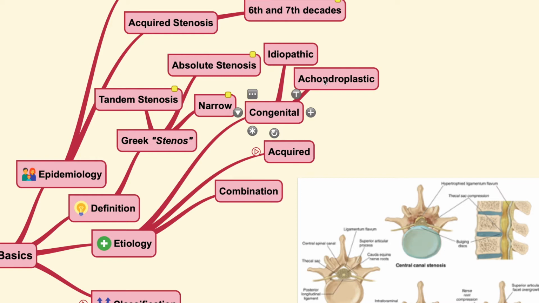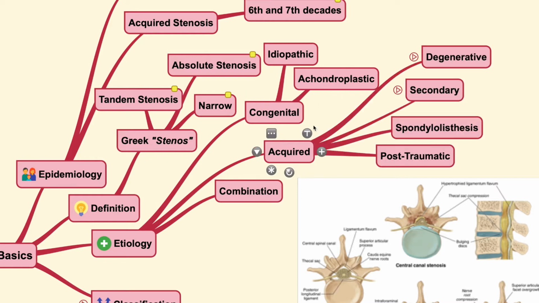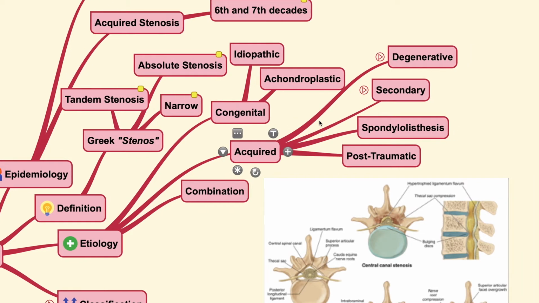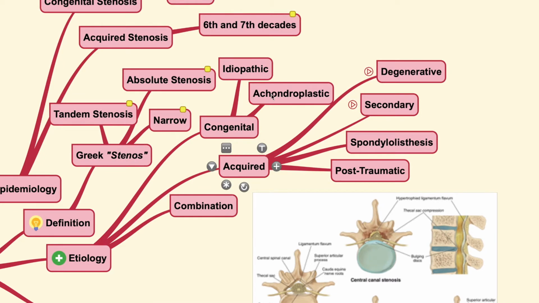We could see that in achondroplasia, there is a growth disturbance of the whole body, and generally the shortening of the vertebrae itself would lead to a narrowing of the spinal canal. Therefore, for this subset of patients, usually at a much earlier age, such as in their second or third decade, they may present with canal stenosis symptoms.